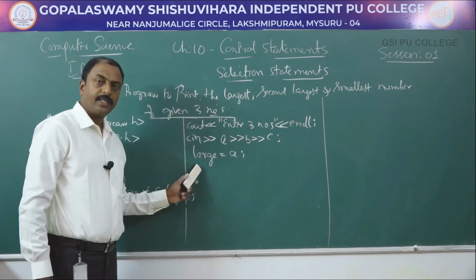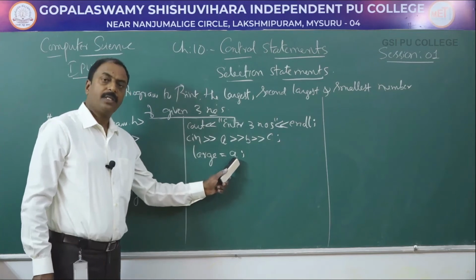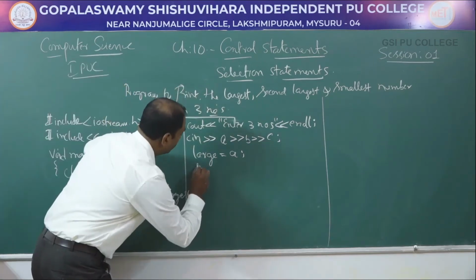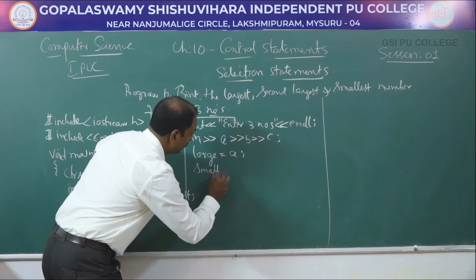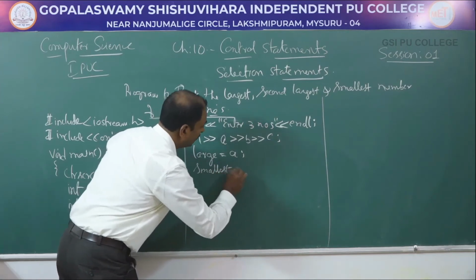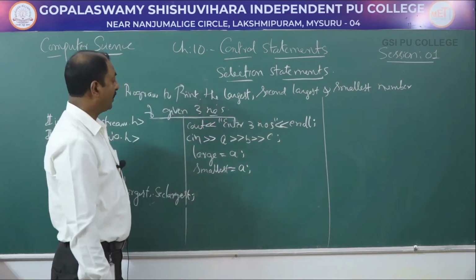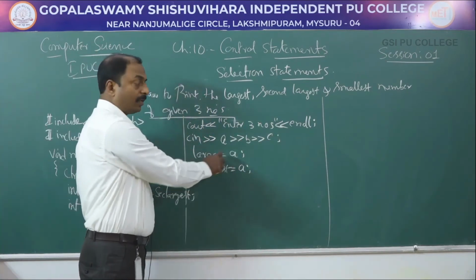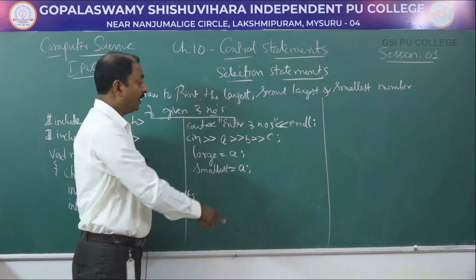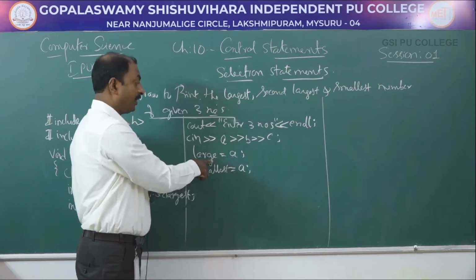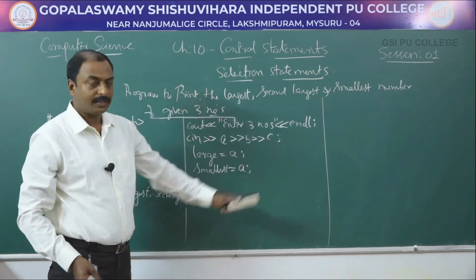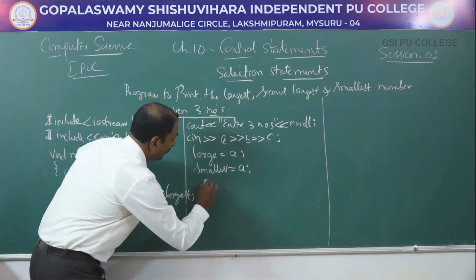Let us assume that the first number A is the largest. We will also assume that smallest equals A. Now we have to compare. If we want to find the largest of three, we have to compare this A or large with the other two numbers B and C. Now we will make use of the if condition.